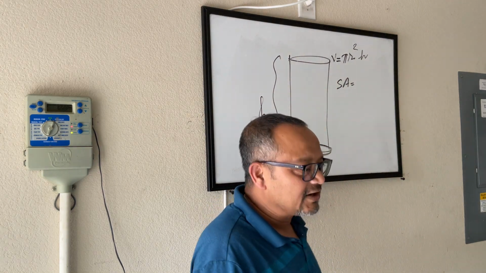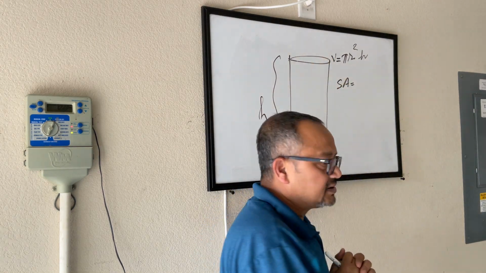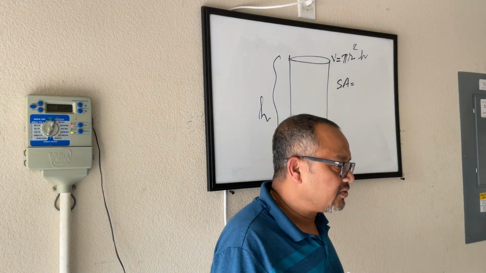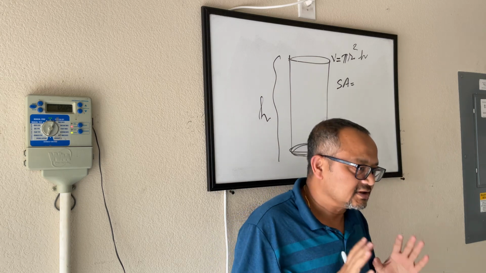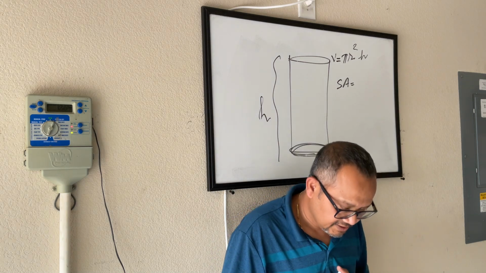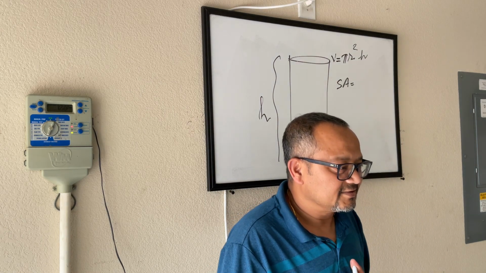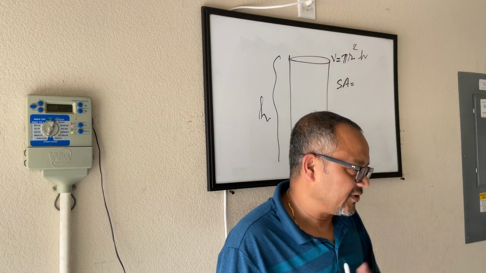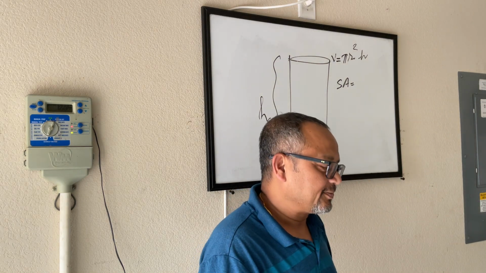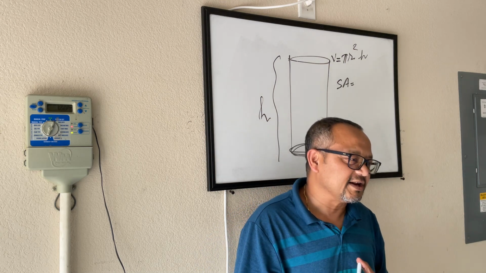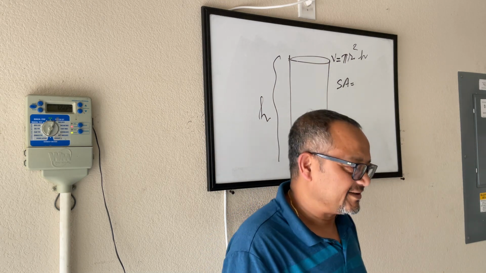So I'm trying to find out the surface area of this water tank, basically. How would I find it out? Any thoughts around this? How would you derive it? Yes, Praneeth. Let's do some role play. Let's see how Praneeth explains that to all of us. Yes, Praneeth, go ahead.